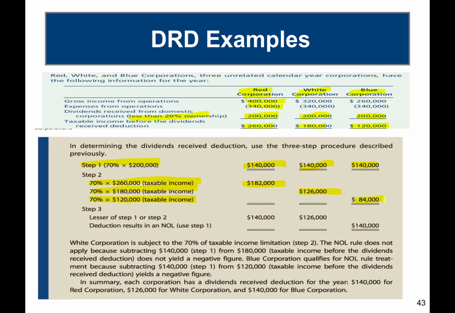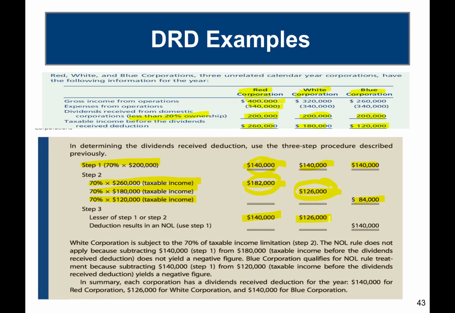And we're supposed to take the lesser of those amounts, aren't we? So which one is less, the 140 or the 182? 140. What's less, the 126 or the 140? 126. Now you look at this last one and say, why did they take 140 when clearly 84,000 is less?